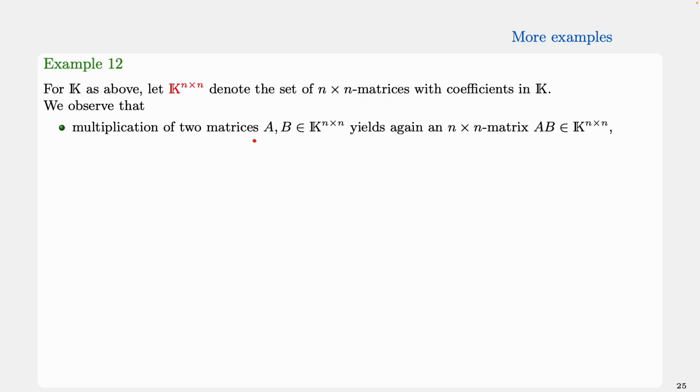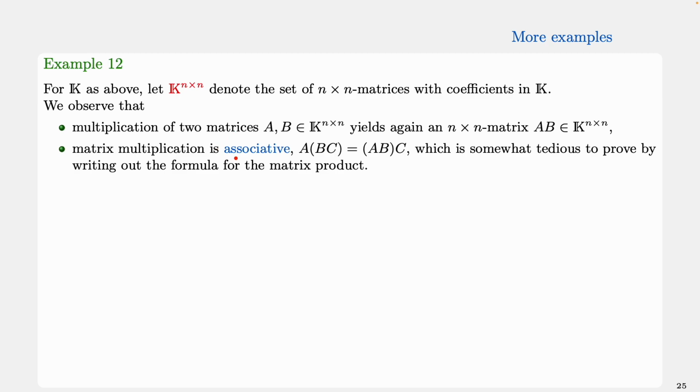But the multiplication of two n by n matrices A, B again yields an n by n matrix, A times B. So it's closed under multiplication. Matrix multiplication is associative, so A times (BC) is the same as (AB) times C. To prove this is quite tedious, so I'm not going to do it here, but it's essentially done by just writing out the formula for the matrix product coefficient-wise.